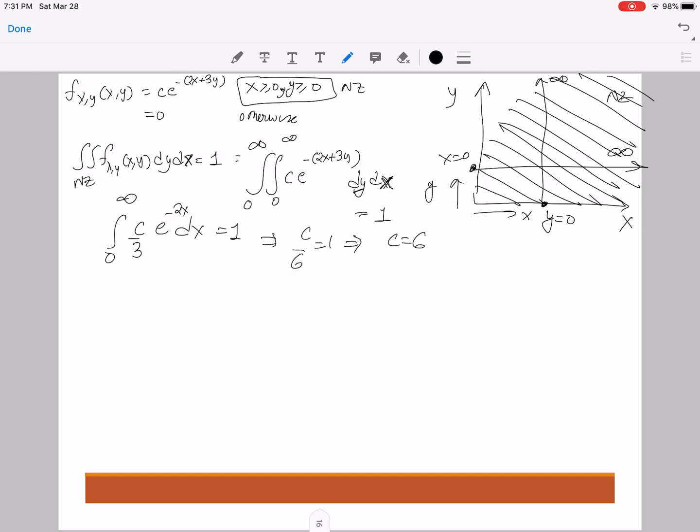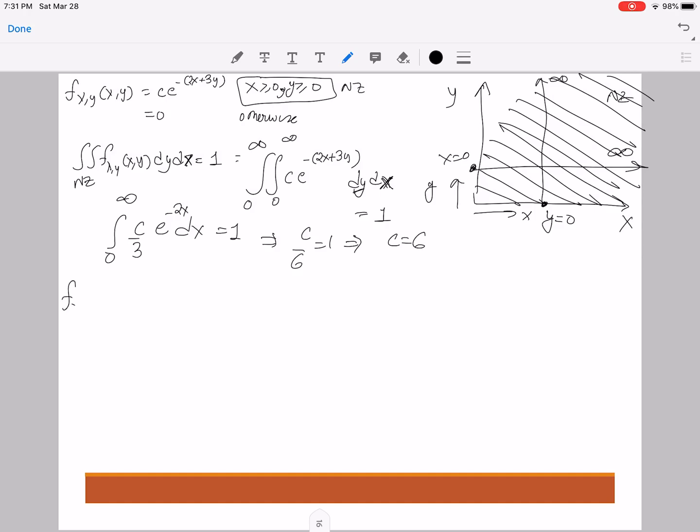So I perform the evaluation of integrals inside out, one by one. First focus on the inner integral and evaluate it. The other variable is going to be constant when you perform the inner integration. So when I perform an integral with respect to y, x is considered a constant. So that gives me the value 6.